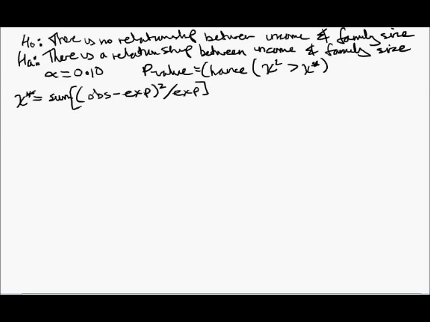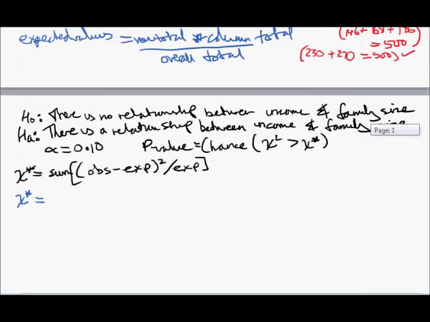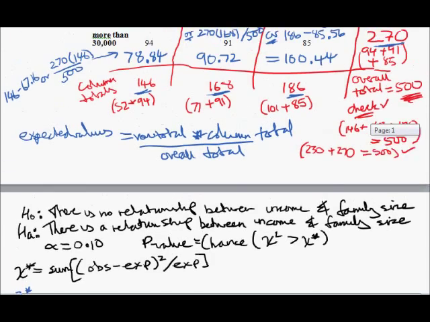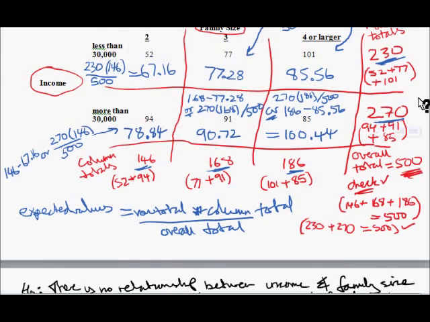So let's find our chi-star. Let's go up and see the values again. What we're going to do here is take each pair. I'm going to take the observed 52 minus its expected, which is 67.16, square it, then divide by 67.16.